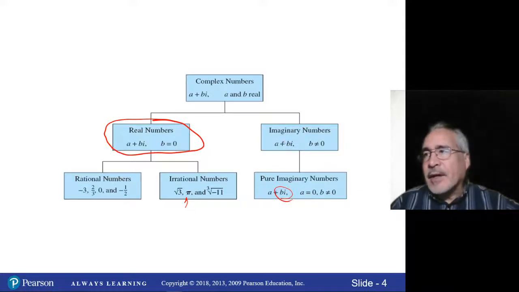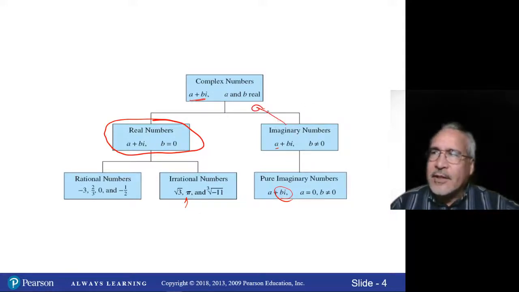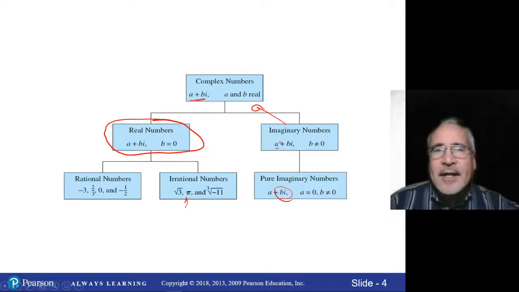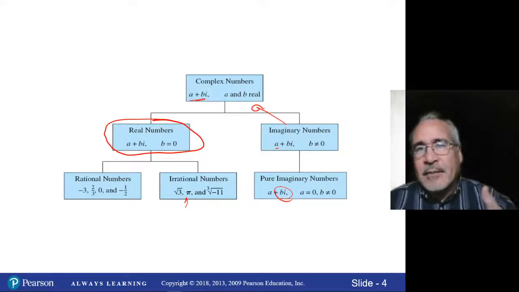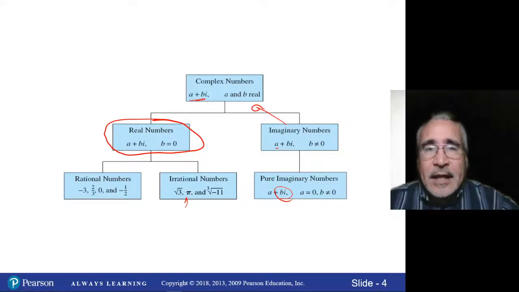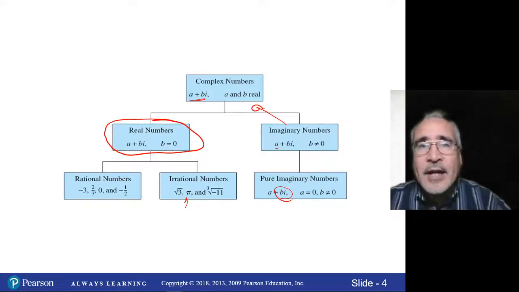Then there are the other imaginary numbers, where a doesn't have to be 0, and that's really what the complex numbers are. Complex numbers have both a real part and an imaginary part that we add together. They are not like terms. Imaginary numbers are not real numbers, and real numbers are not imaginary numbers.